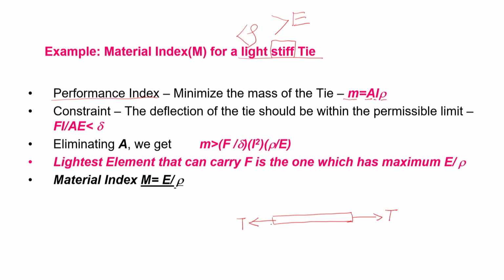If I apply a force T, then the tie will deflect. Suppose I close it on one side and this is delta, then this delta is nothing but T L over A E, or if I consider T as F, then it is F L over A E. So, F L over A E is delta, and that is the deflection, and that deflection has to be lower than a certain given deflection, then only it will be stiff. A rubber band is not stiff enough because it deforms a lot.